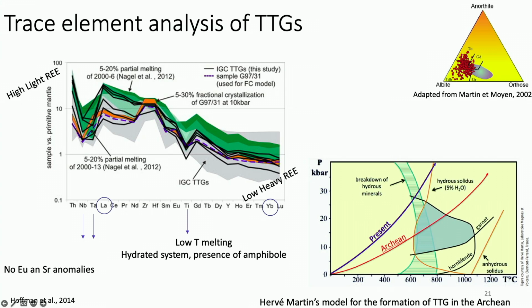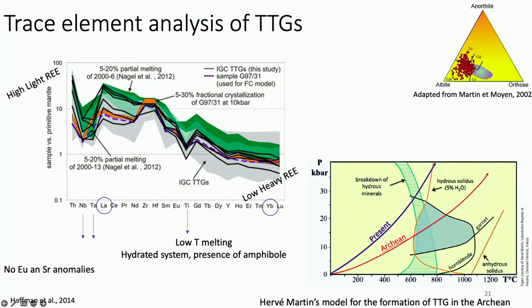They are depleted in titanium, and this low titanium content, when we do the analysis and some petrological experiments, is characteristic of a low temperature melting, represented here for some of the experiments. It's characteristic of a hydrated system in the presence of amphibole.